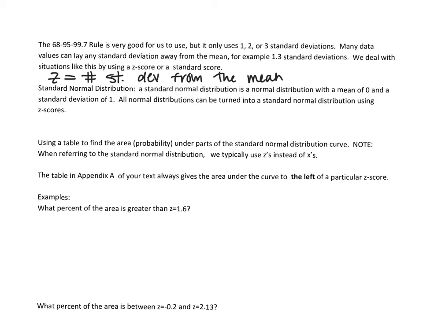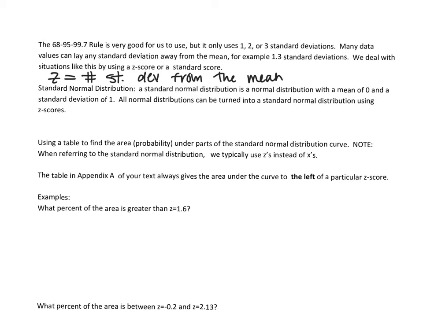So we're going to use that table for any standard deviation that's not 1, 2, or 3 exactly. We use the z-score to find the area or the probability under certain parts of our standard normal distribution curve.